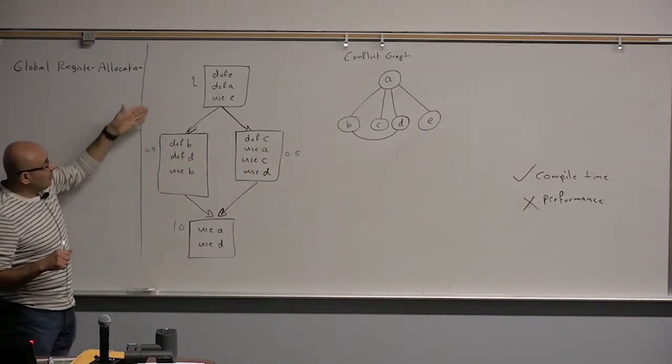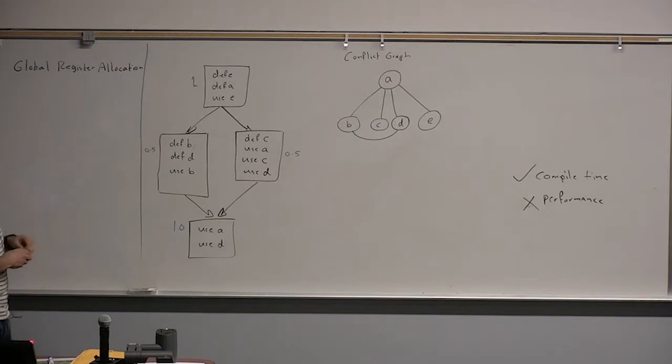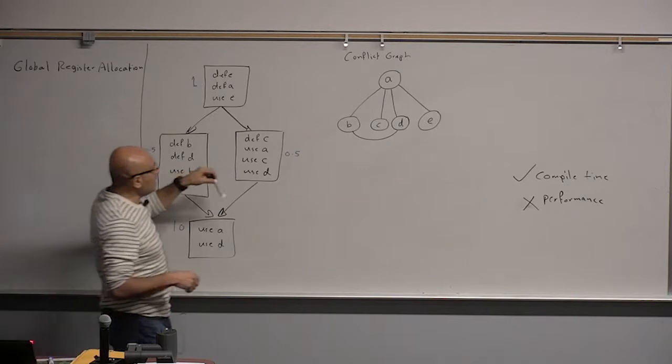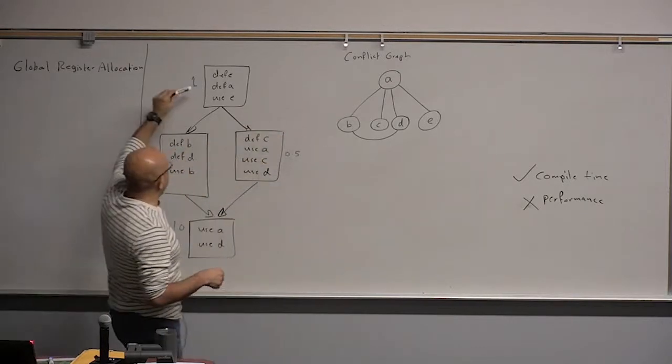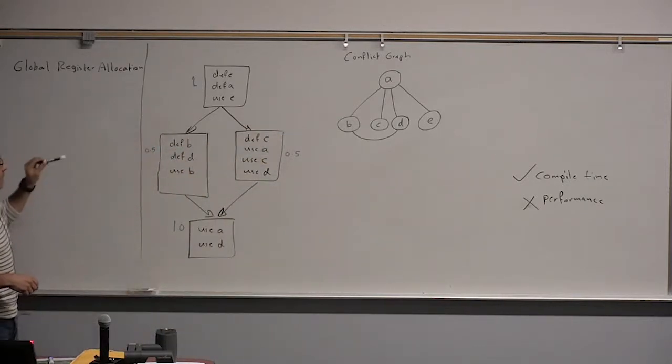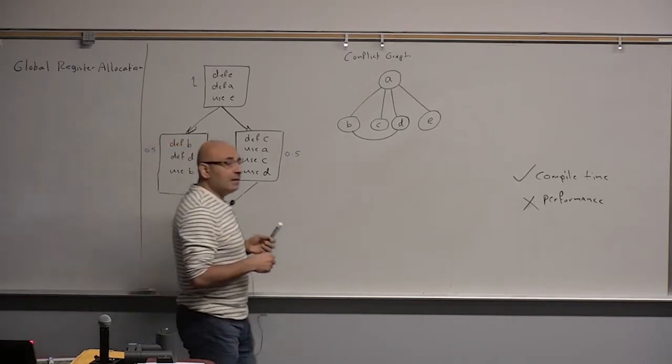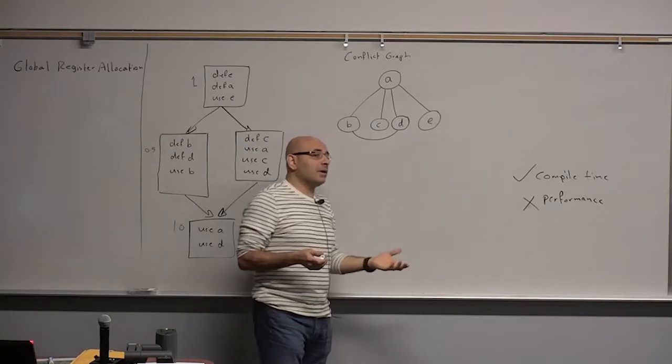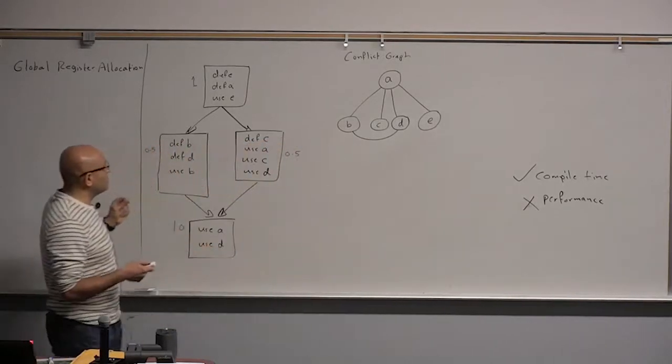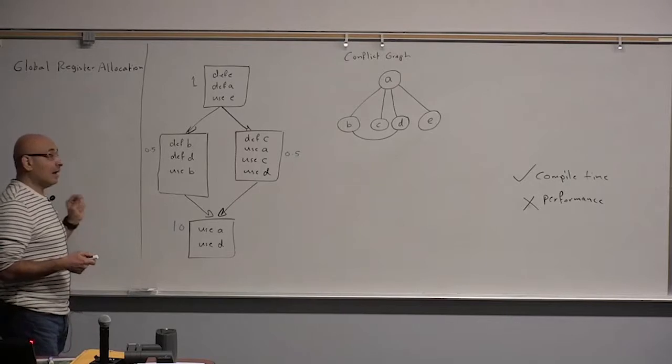Now it's a global analysis. We analyze the live ranges, and in this case, there is one live range for every variable or every virtual register. By the way, generally speaking, a virtual register will not necessarily have a single live range.